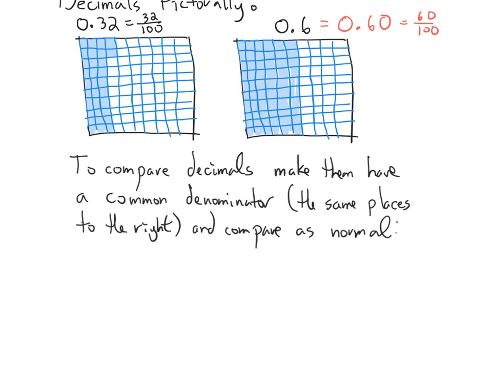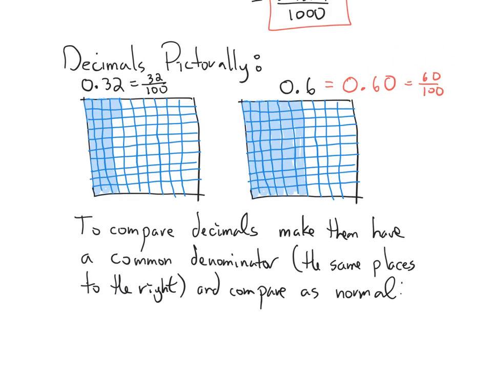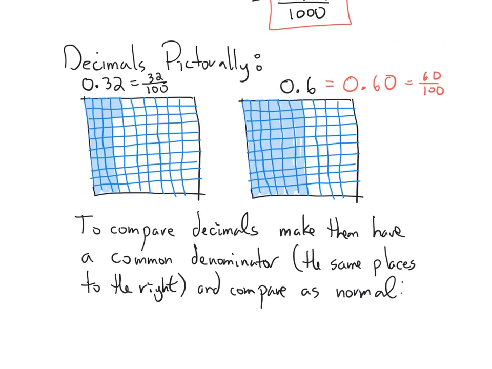So you can see up here, I'm going to scroll back up, here we have 0.32, here we have 0.6, and a lot of younger students would say, well, here's 6, here's 32. 32 is obviously bigger than 6, but we know not to do that because we're comparing different size fractions, and we have to make sure that the denominators are the same, and kind of the easiest way is to think about it as having the same number of digits to the right of the decimal.